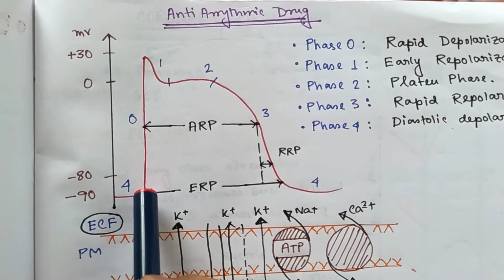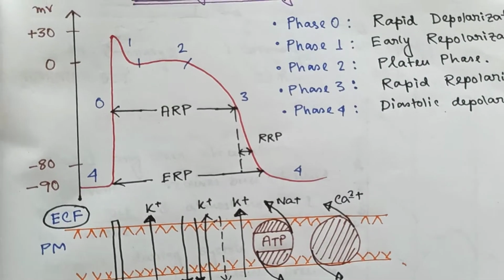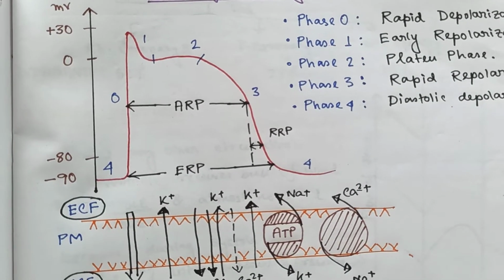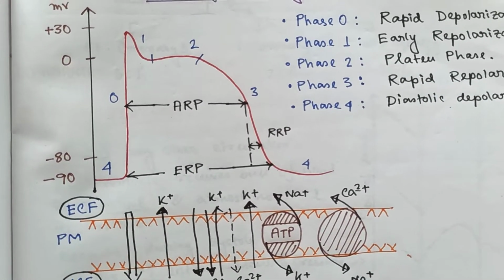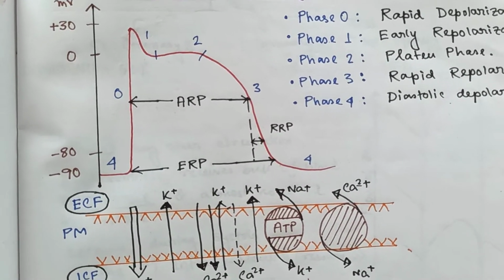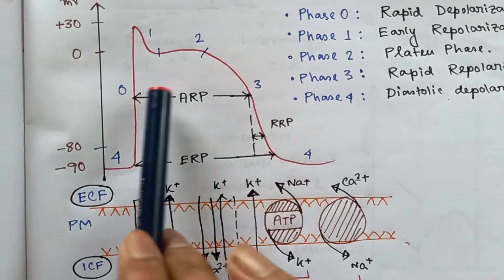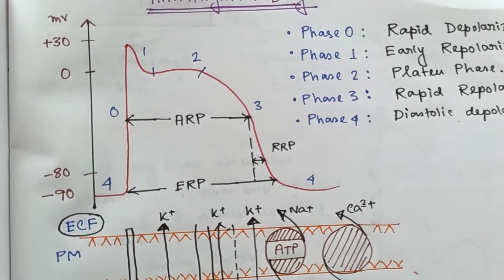This whole process is called phase 0 or rapid depolarization. And this interval during which the myocytes cannot be stimulated is called the absolute refractory period, when from phase 0 to phase 3 no stimulus can be further gained by the same myocyte.